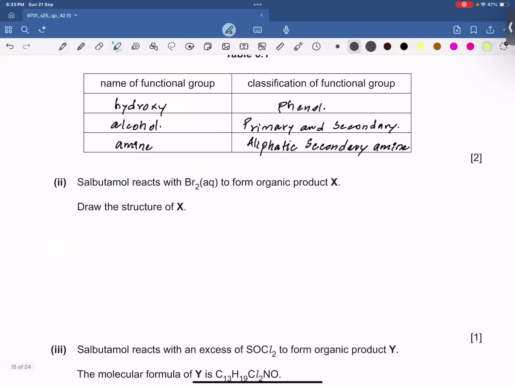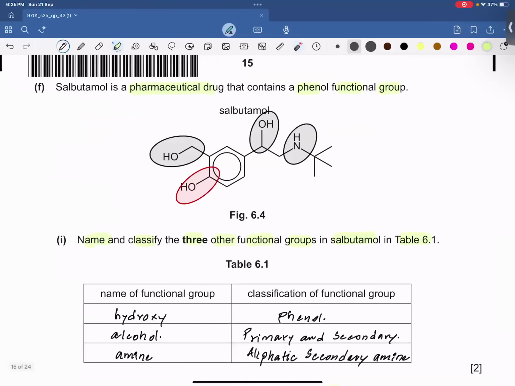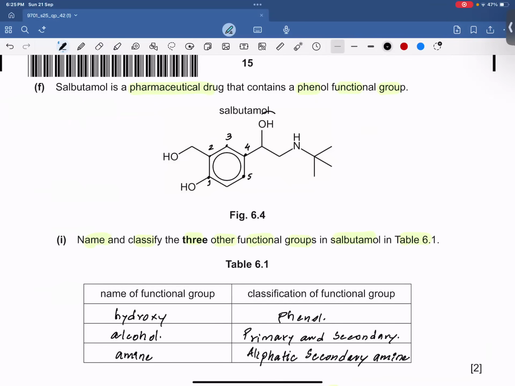Salbutamol reacts with aqueous bromine to form organic product X. Draw the structure of X. OH is an ortho-para directing group, and obviously it increases the electron density on the ortho and para positions. Let me tell you the positions. This one is the first carbon. This one is second. This one is third. This one is fourth. This one is fifth. And this one is sixth.